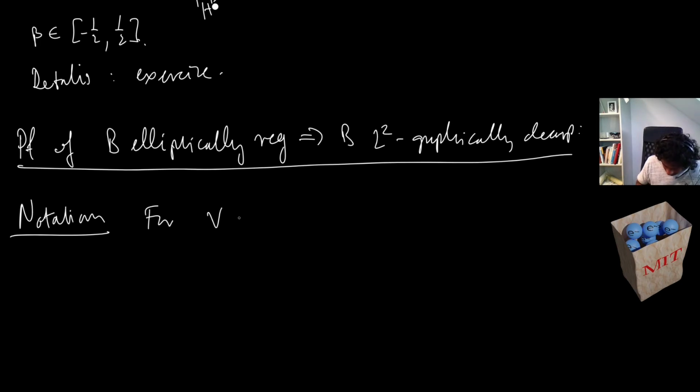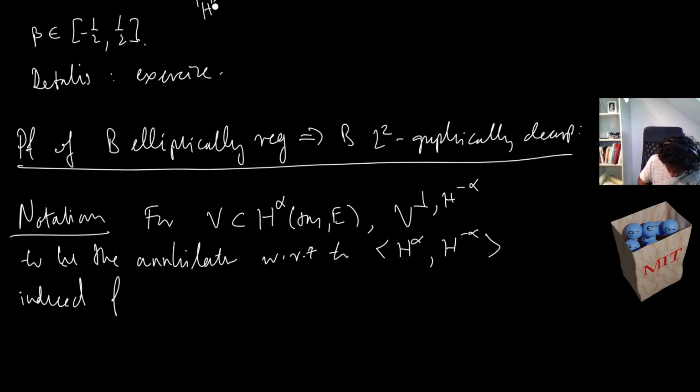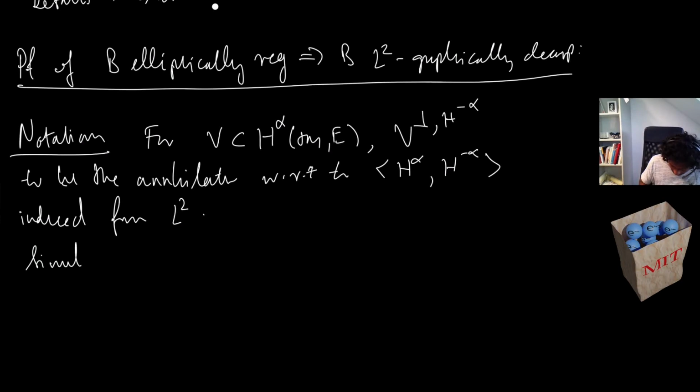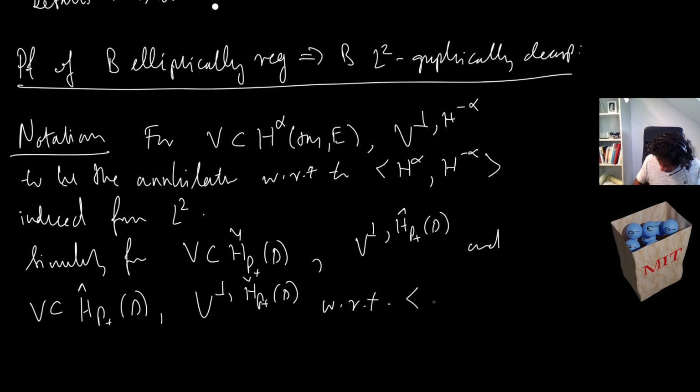So for V, a subspace of H alpha ME, I want to write V perp H minus alpha to be the annihilator with respect to the pairing, of course, H alpha H minus alpha induced from L2, and similarly for V perp H. So if V is in H check P plus of D, we want to write V perp H hat P plus of D, and when V is in H hat P plus of D, maybe we want to write V perp H check P plus of D with respect to, remember we have a pairing.